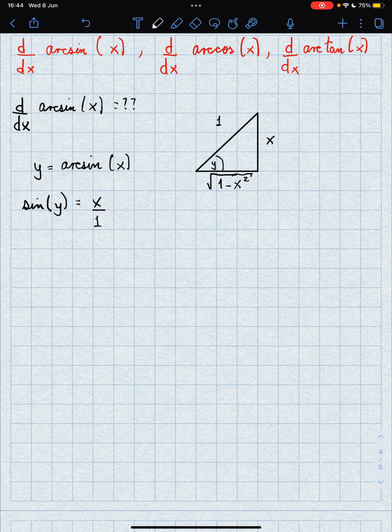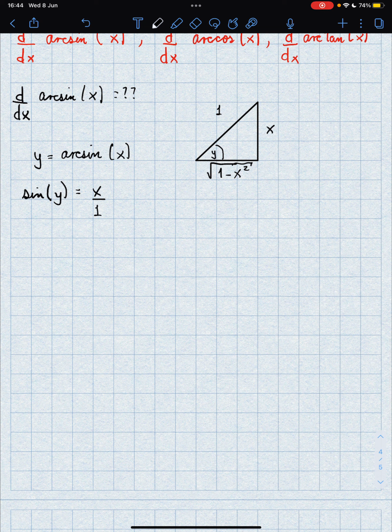Now we should derive this expression, we need to obtain the derivative here. So we say the following. The derivative of sine of y is cosine of y, dy/dx, equals 1.